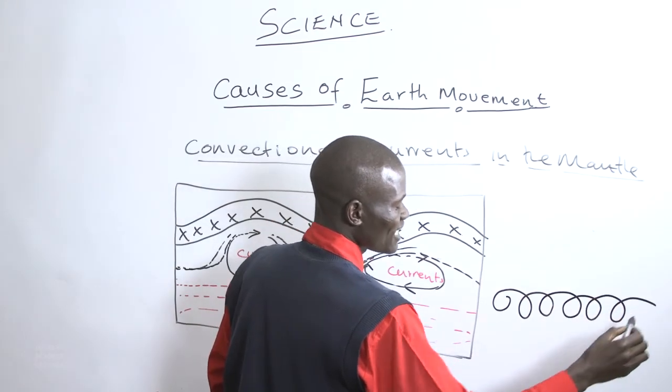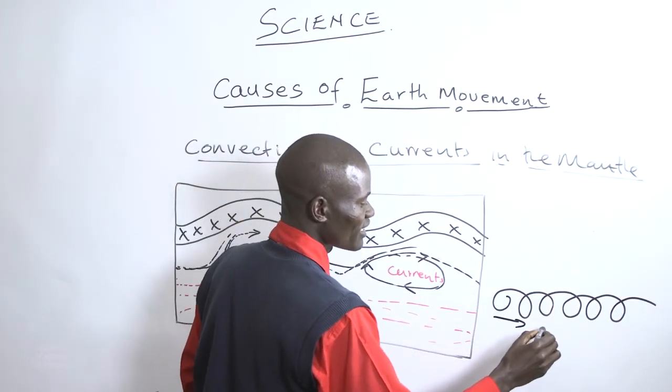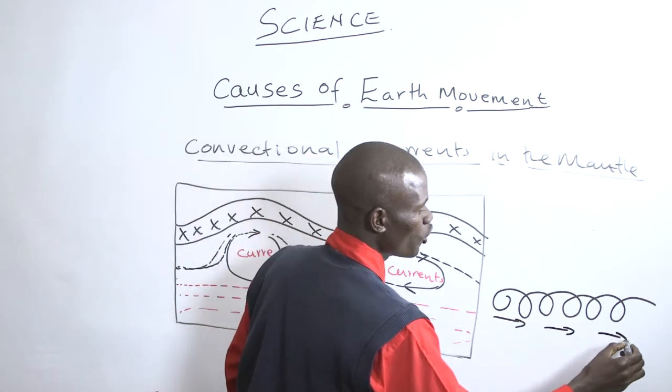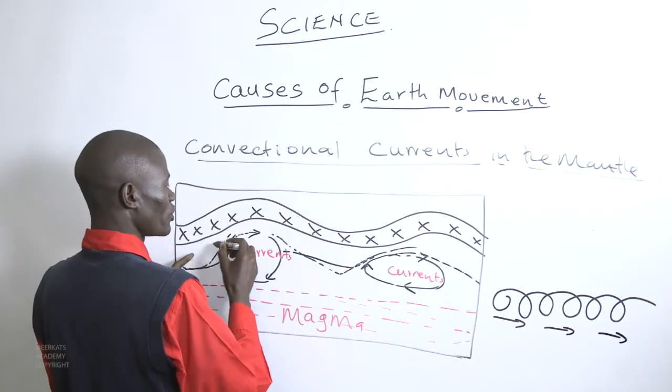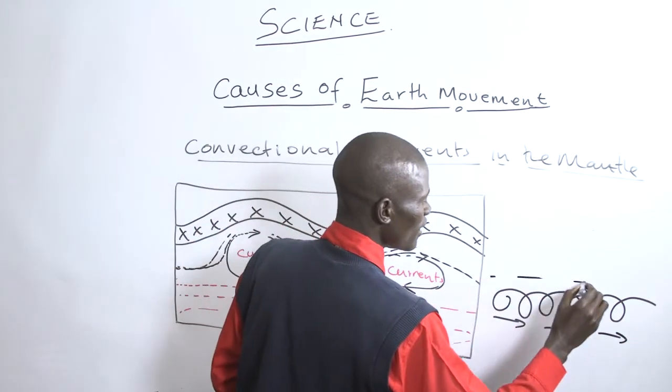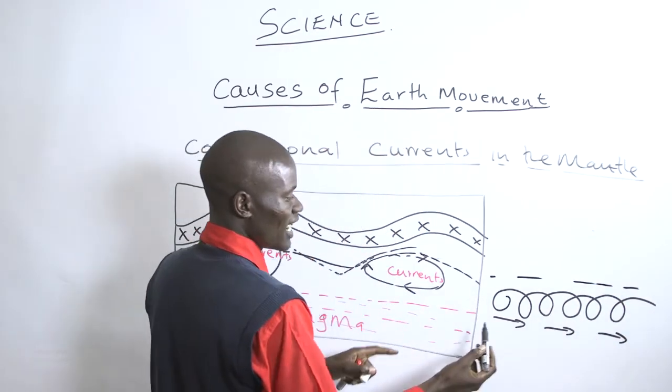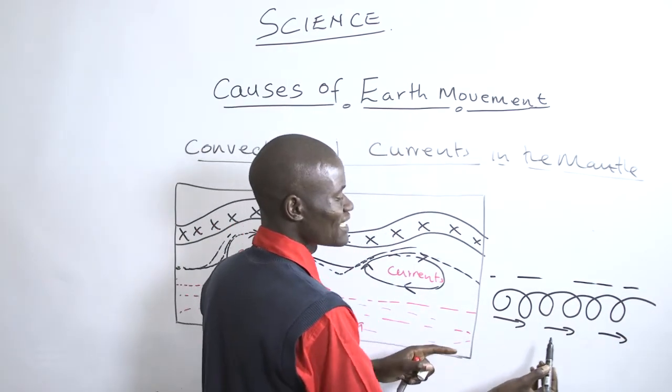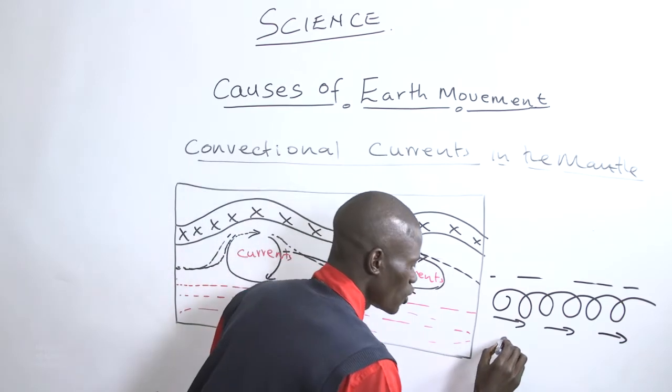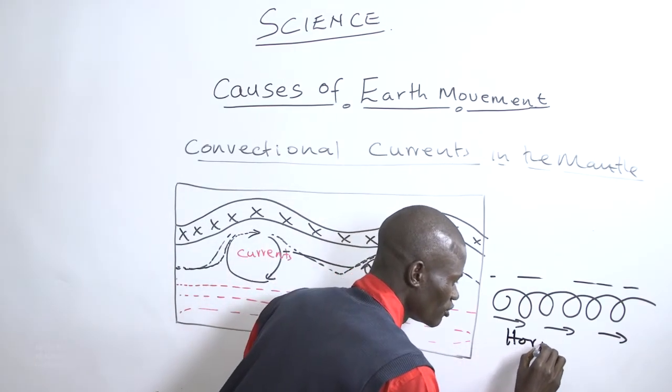And as it moves in that direction, it has already caused the crustal rocks to be dragged behind this force, and that will create a lateral force that is called horizontal earth movement.